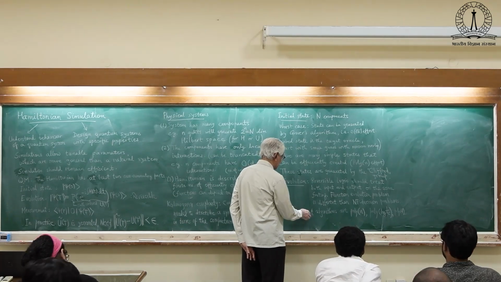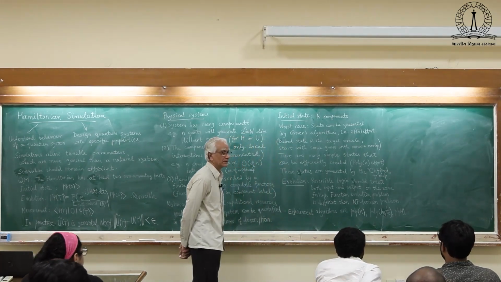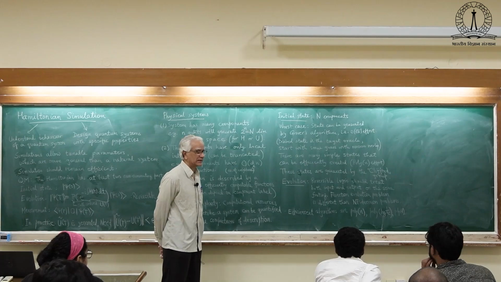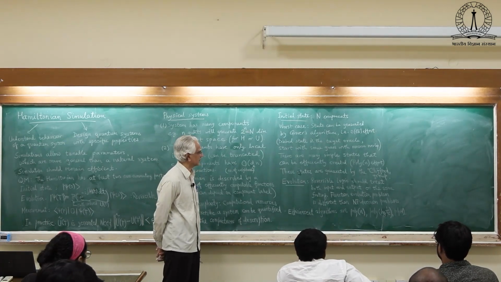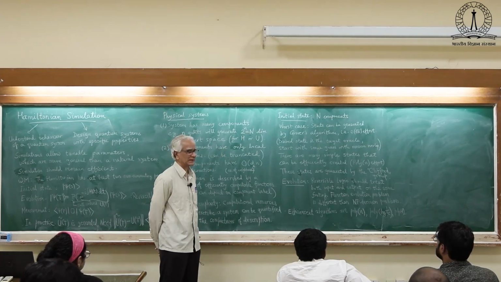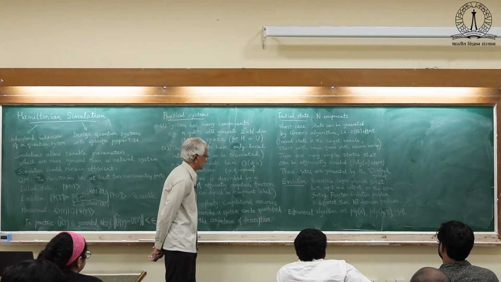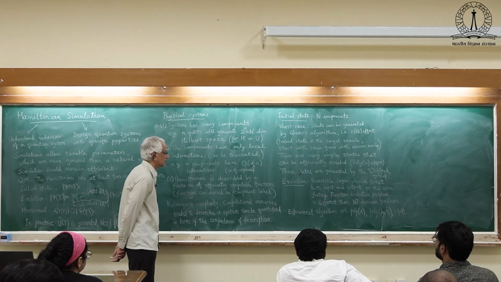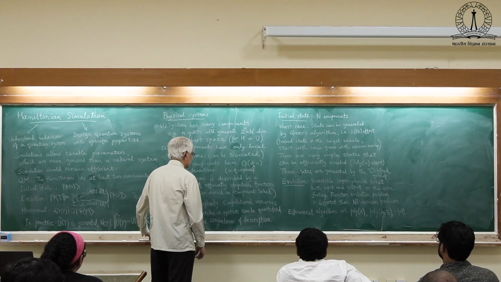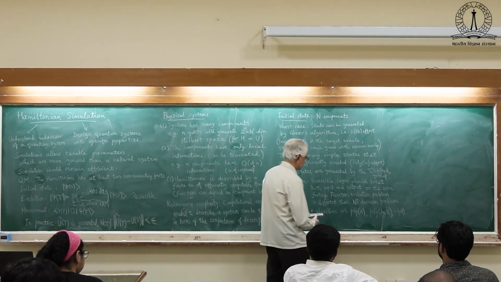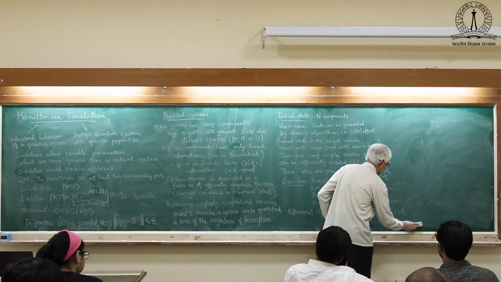So this is what we are aiming for. Okay, if you can't get that, then the algorithm is not going to be efficient. It can remain some exponential result, but that is not going to give you something which is interesting from the point of view of simulation.